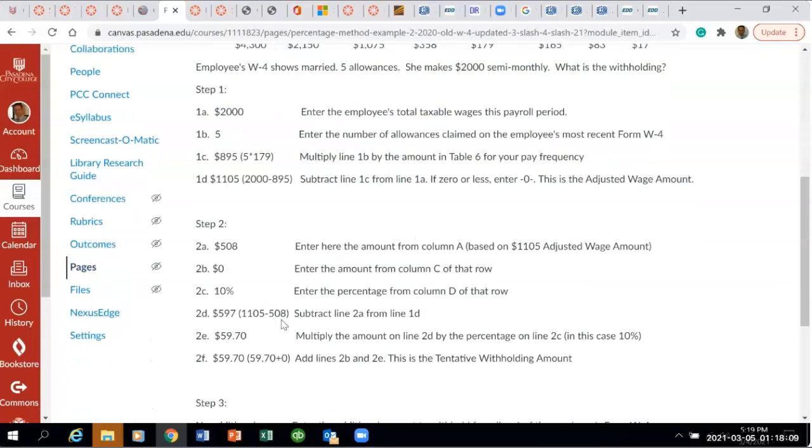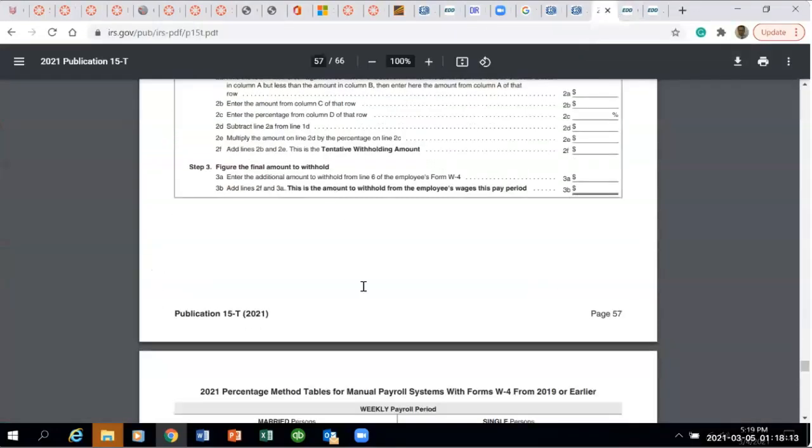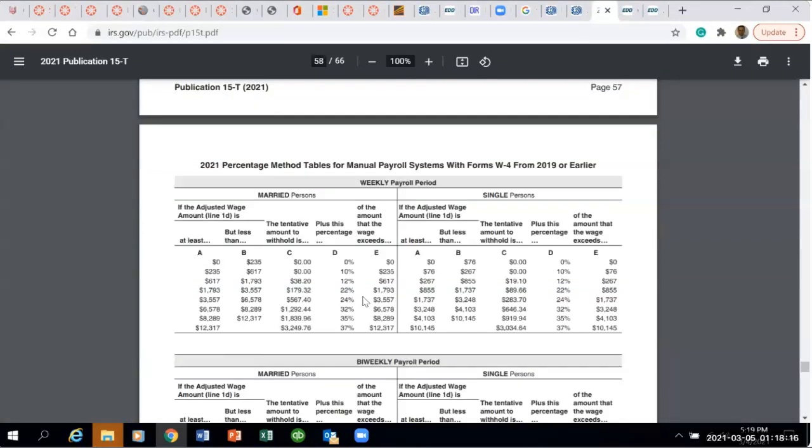So now step 2 says, okay, go to the schedule, and this is married, standard.